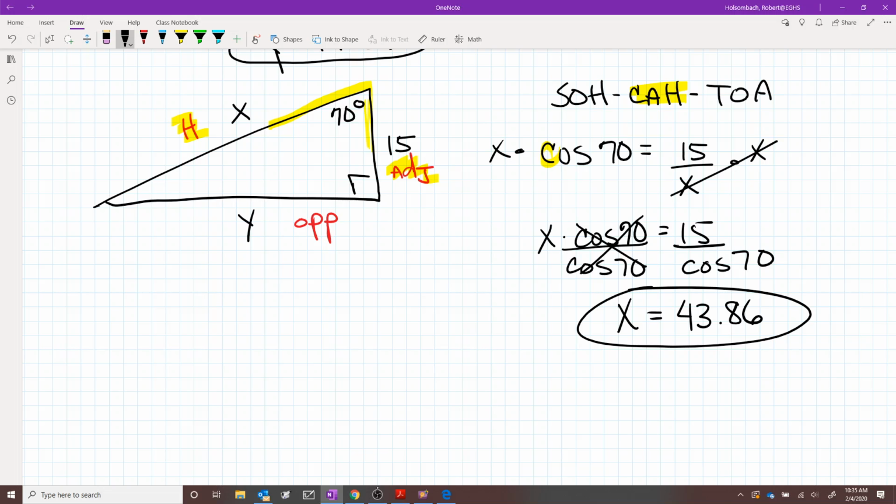You use cosine of 70 because the two sides you were working with to solve for x were the adjacent and the hypotenuse. And here's your cosine equals adjacent over hypotenuse.